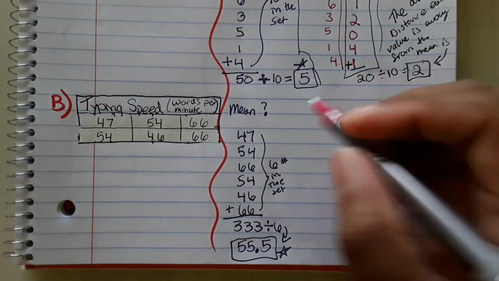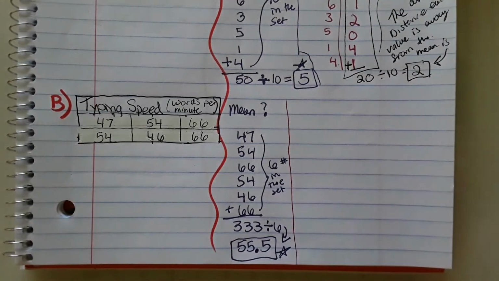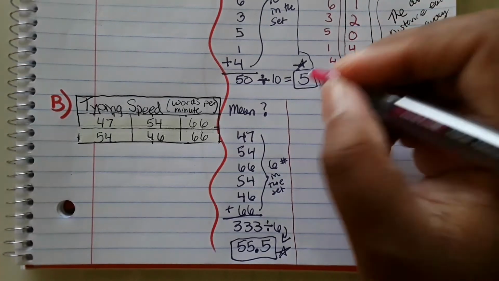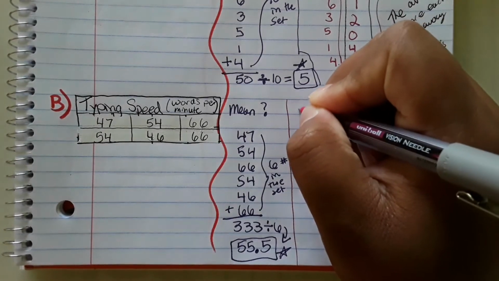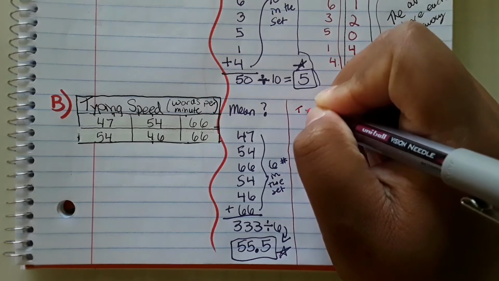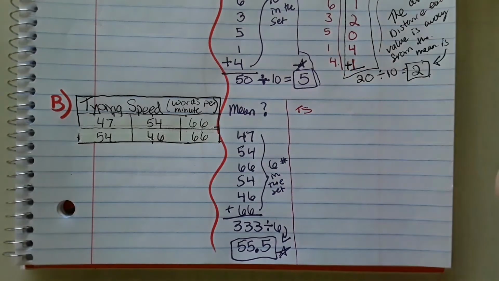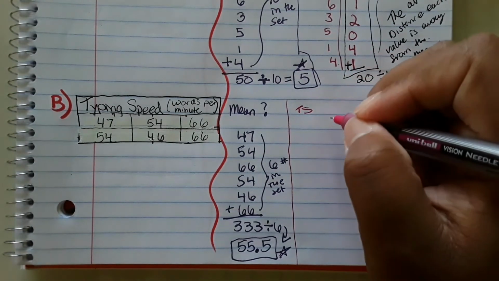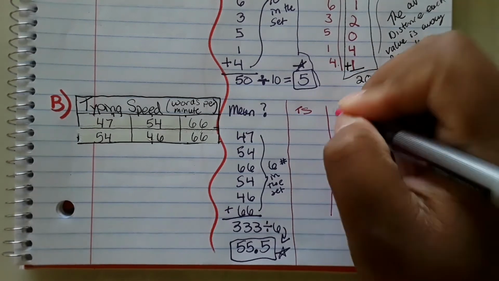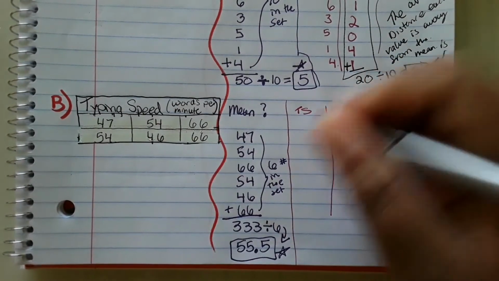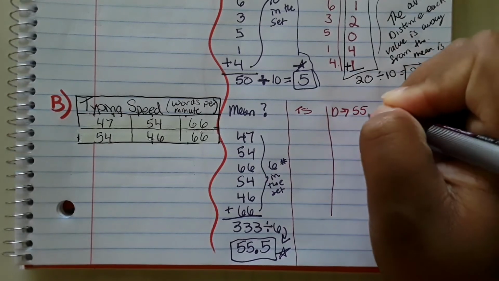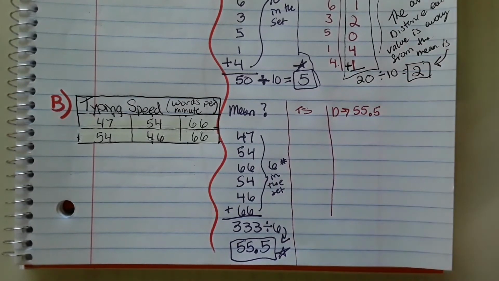So now on to step 2, where we find their distance away. We have our typing speed. I'm just going to put TS for typing speed. We have those numbers. We're going to compare them to their distance away from 55 and 5/10.